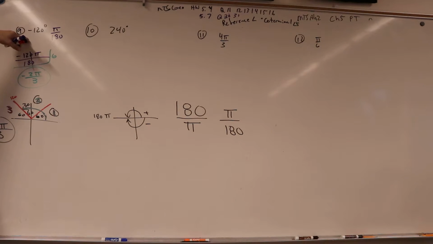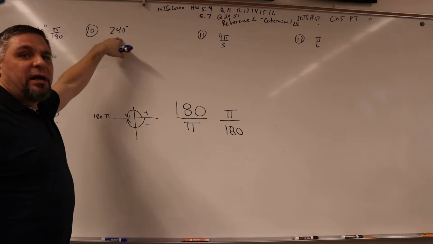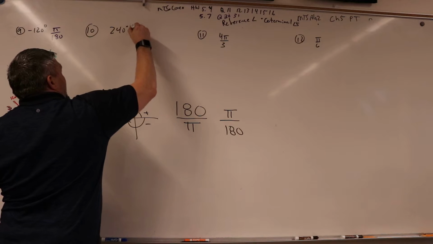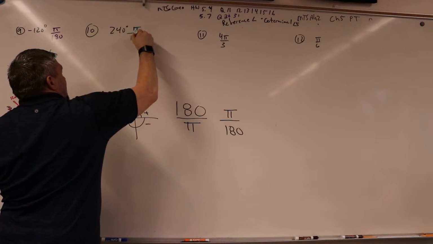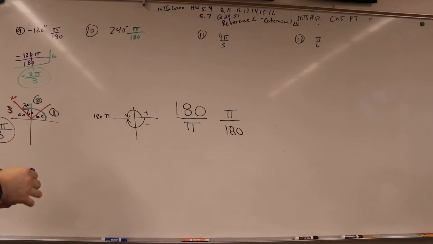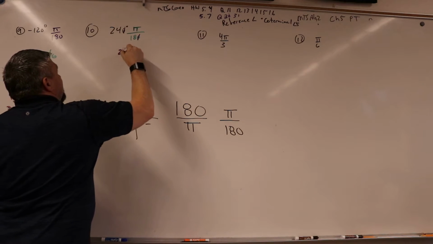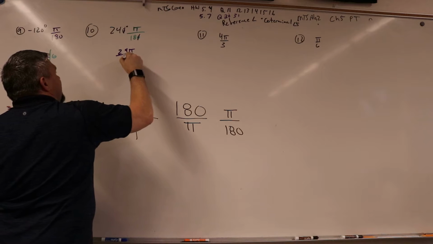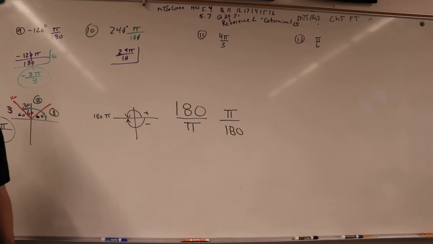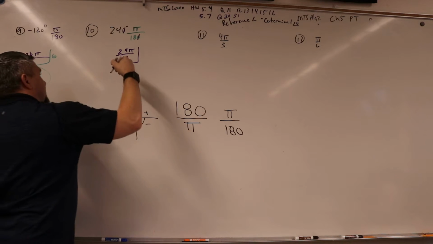The numerical way of looking at it is to always just multiply by pi over 180. So you do the same thing here: pi over 180. What happens is the zeros always get canceled. So you get 24 pi over 18. What goes into 24 and 18? 2 or 6.